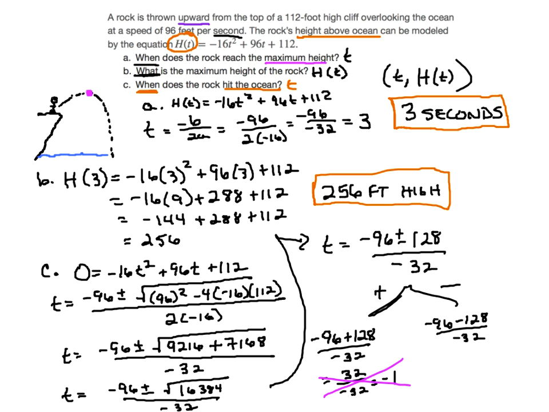Negative 224 divided by negative 32 gives us 7. So the answer is 7 seconds. That's when the rock is going to hit the water.